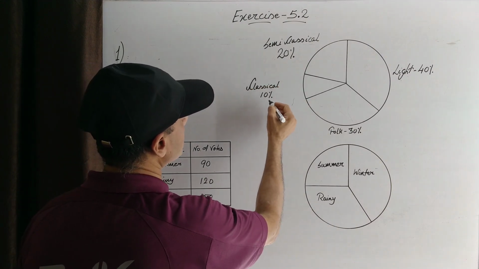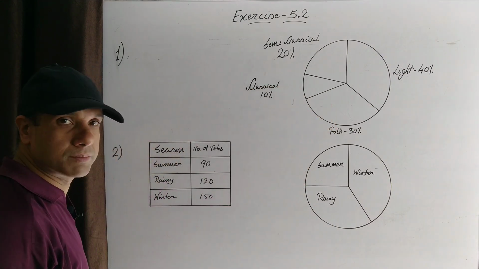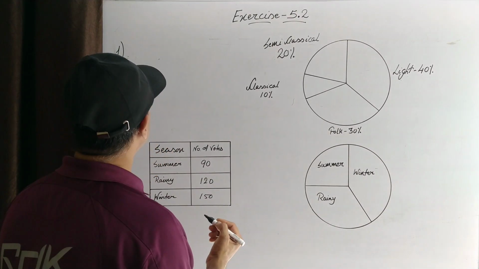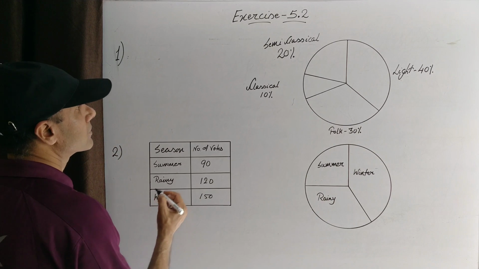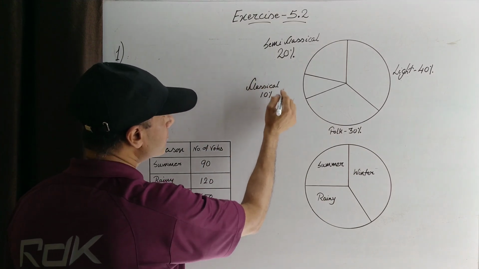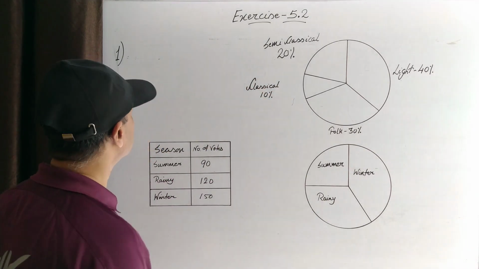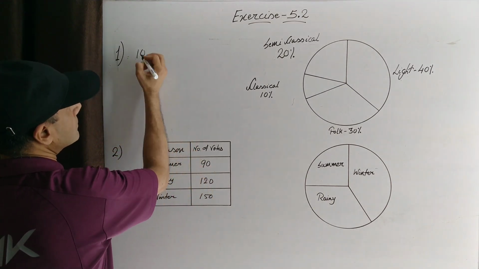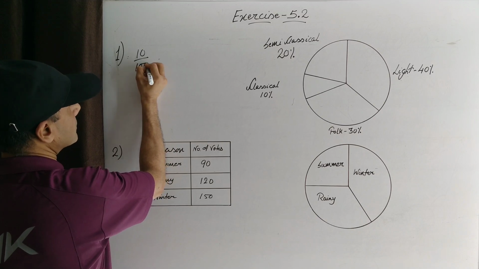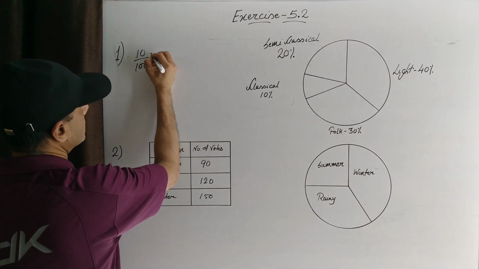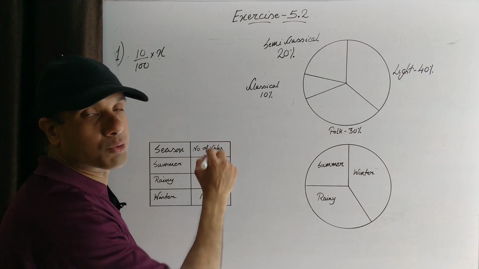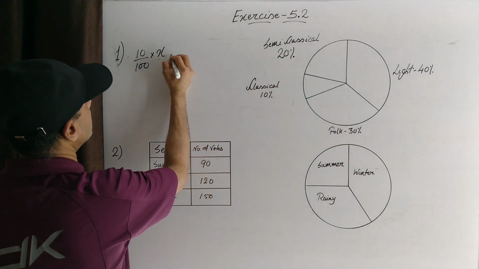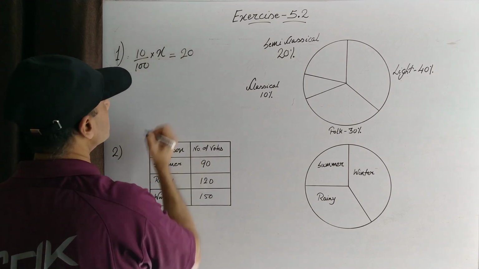Now, you can see classical music was liked by 20 people. So, suppose the total number of people who were surveyed be X. It is also given that 10% of the people liked classical music. So, we get an equation. 10% we can write as 10 by 100 of X, where X is the total number of young people who were surveyed, that equals 20.